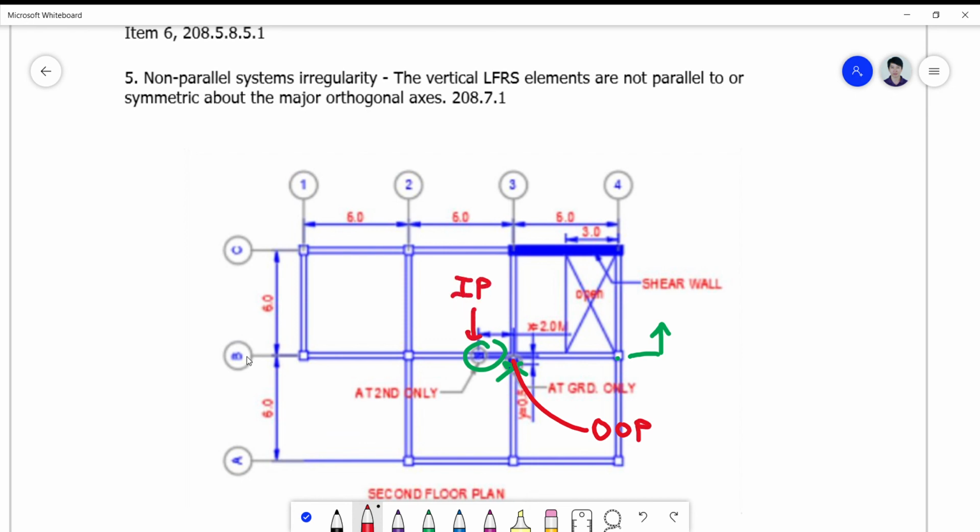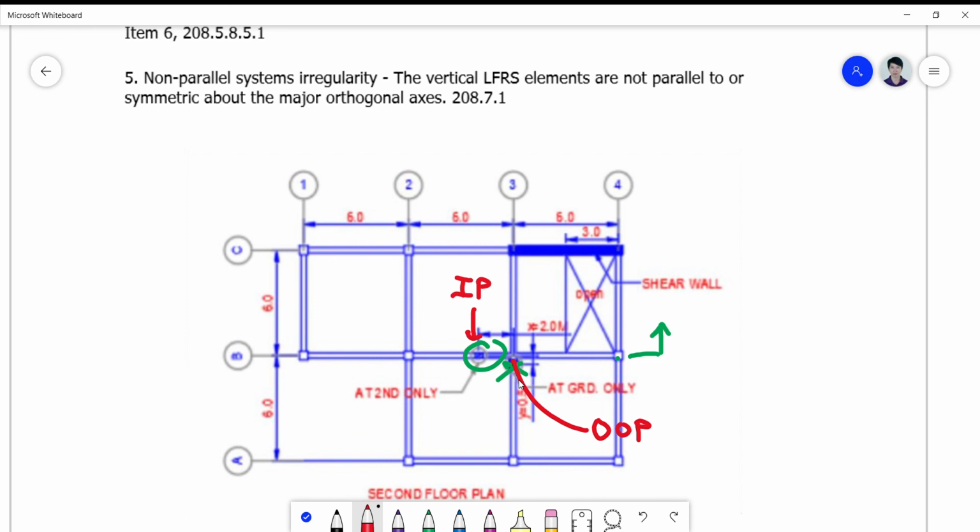In terms of frame B, what if I look at it in terms of frame 3? If I look at frame 3, it's the other way around. My out of plane offset is this column, and my in plane offset is this column. So you have to bear in mind that what you see depends upon your position. When you look into the road and the other side of the road is opposite to you, the other man standing on the other side will tell you that the opposite of the road is actually on your side.